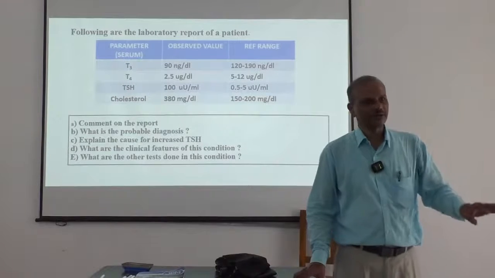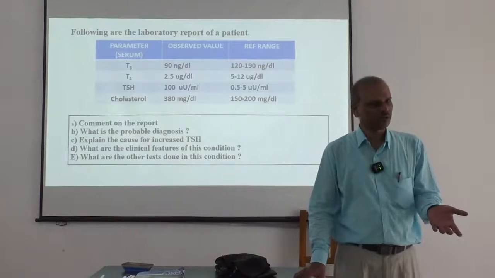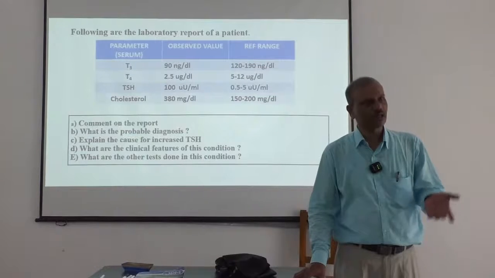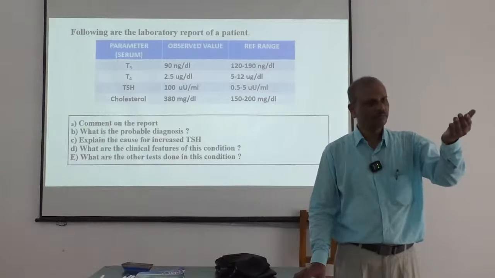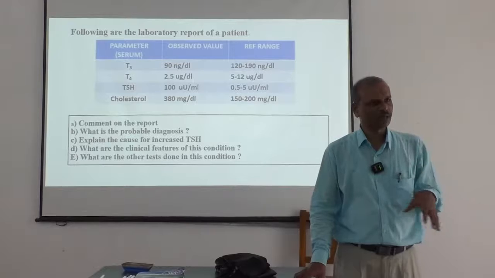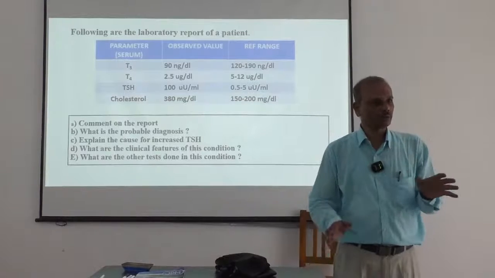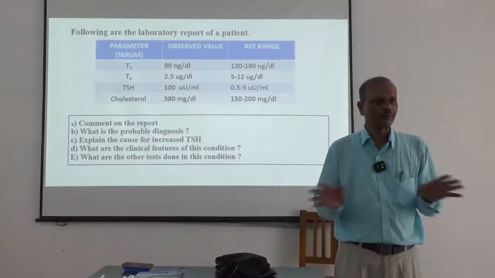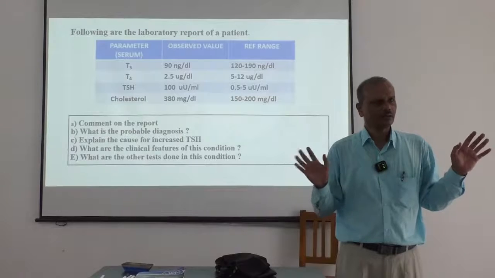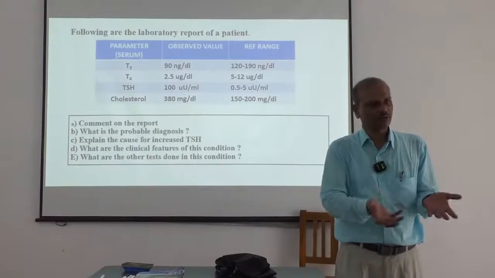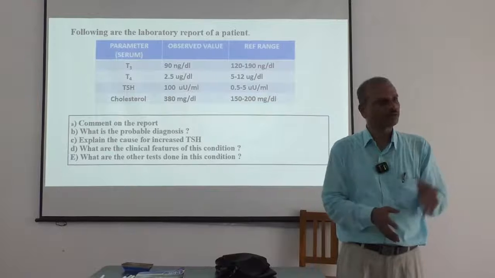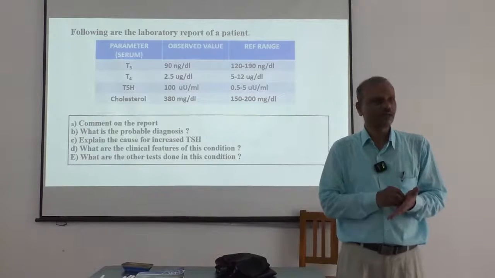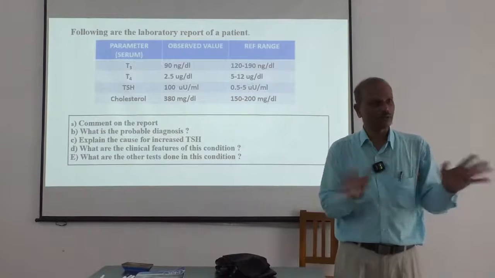Whatever goiter we are seeing today is not an iodine deficient goiter, unlike years before 1985 or 1990, when iodized salt was not available throughout in the market. We used to take non-iodized salt. So during that time, iodine deficiency could be possible, but now it is not.